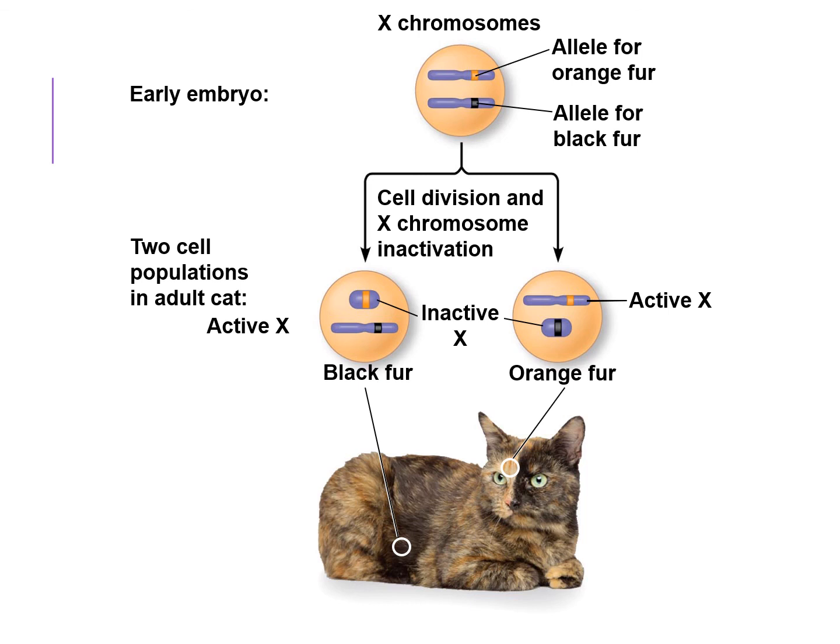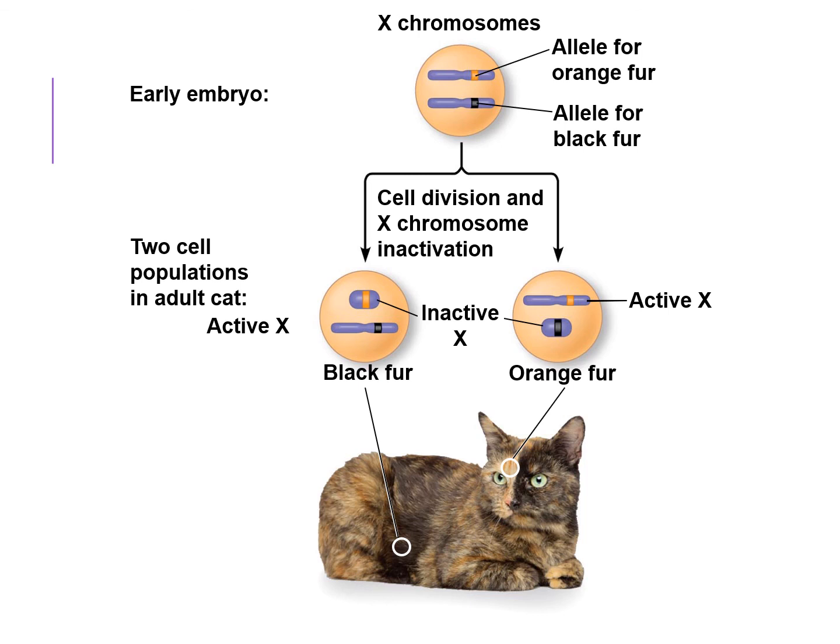So in order to have both alleles, orange and black, you'd have to have 2 X chromosomes. So what ends up happening is during fertilization, the zygote inherits 1 allele for black fur, 1 allele for orange on the X chromosomes. Then during early embryonic development, those are randomly shut down in every single cell.